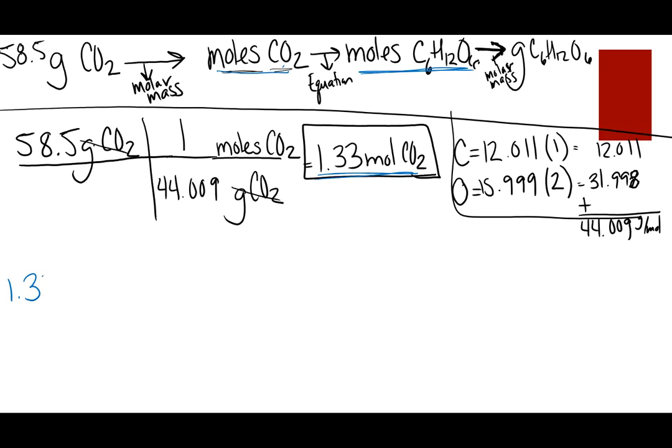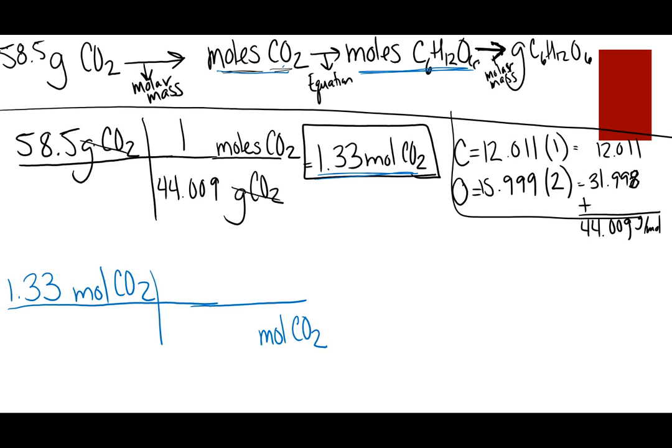So 1.33 moles of CO2. Same thing here. I'm going to set up my train tracks. The unit that I'm getting rid of is going to go diagonal or on the bottom. So moles of CO2. What's my destination in this step? My destination is moles of glucose.